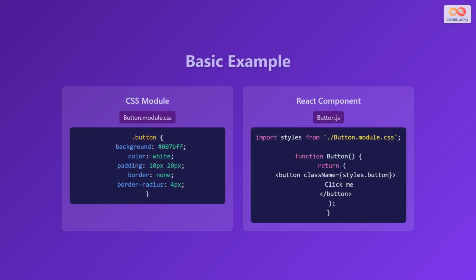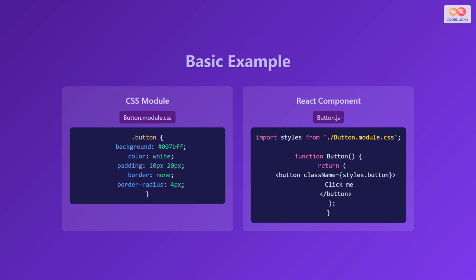Let's look at a basic example of how to use CSS modules in a React component. First, we have the CSS module file, button.module.css. Inside, we define a class called button with some basic styles like background color, text color, padding, border, and border radius. Now let's see how to use this in a React component.